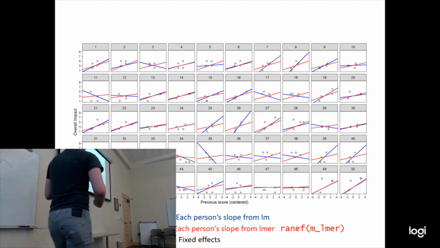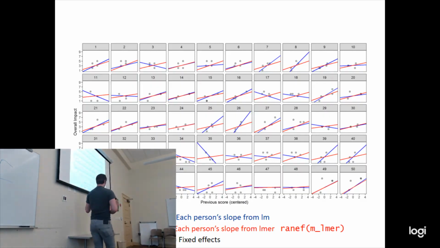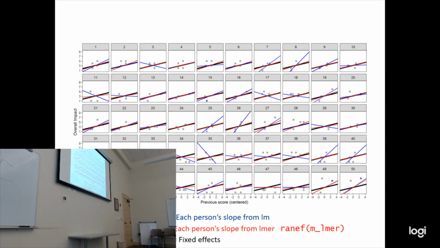Here's what we're getting from lmer. So sometimes the estimates are the same, but sometimes they're quite different. So notice number 35 up here. And here are the fixed effects.